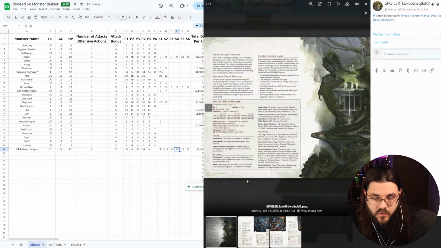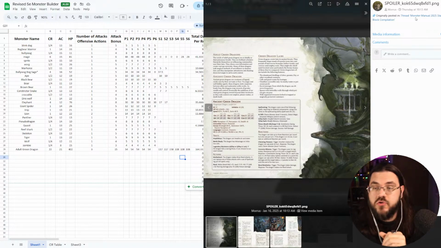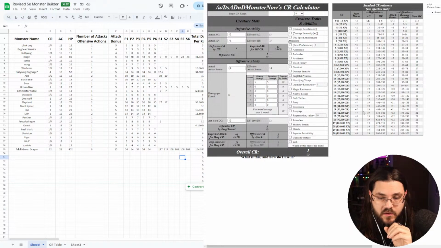And then 27 plus 27, 27 times 3 times 4, 108. So the average damage per round output for the adult green dragon is 164 damage at 22, which does put it exactly in the CR22 band.